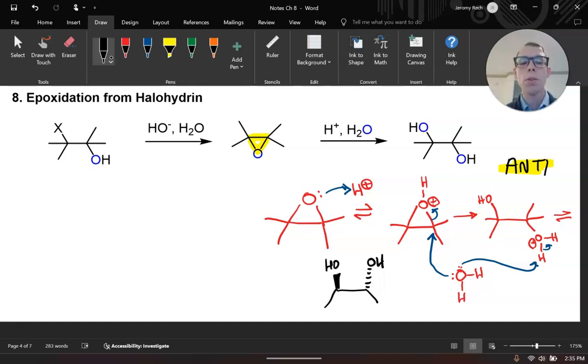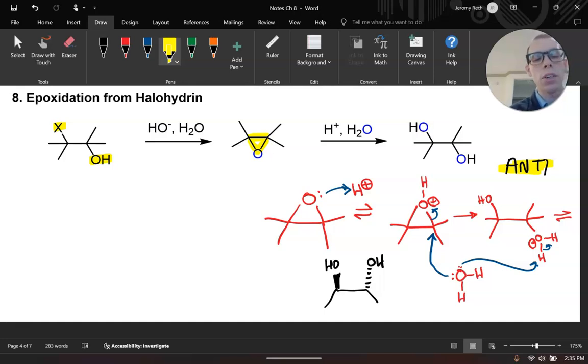There are going to be two different ways in which we're going to talk about making epoxides. You can create those either from a halohydrin. Halohydrins are structures that we're going to talk about how to make in the very next video. The key feature of halohydrins is that they have an alcohol, so an OH, and then a halogen like a bromine.